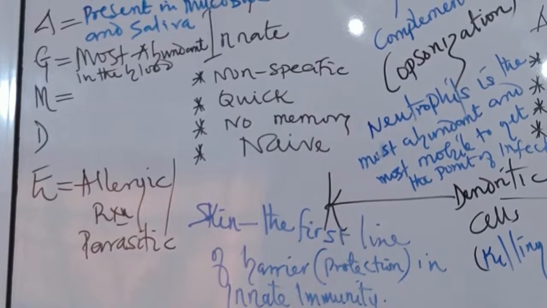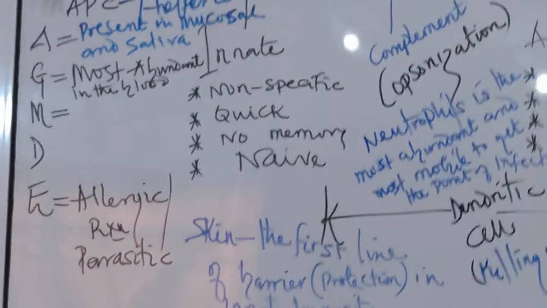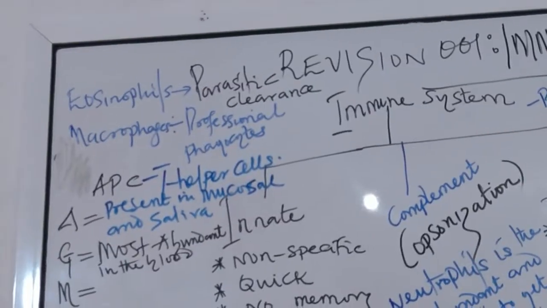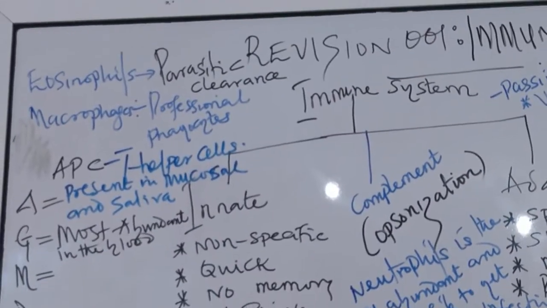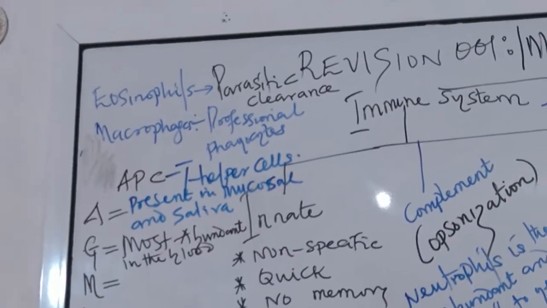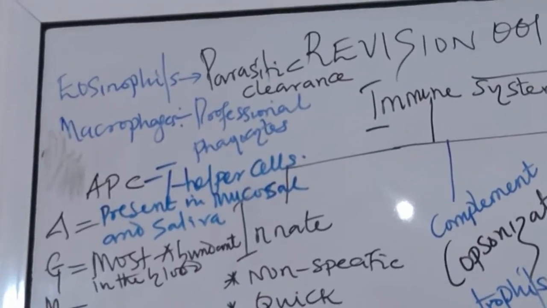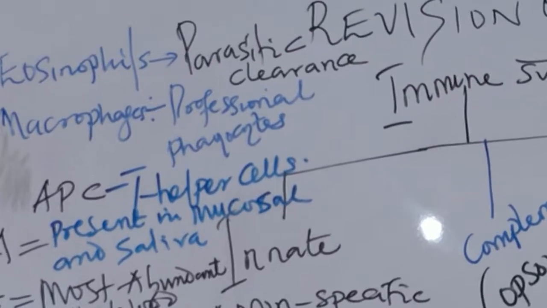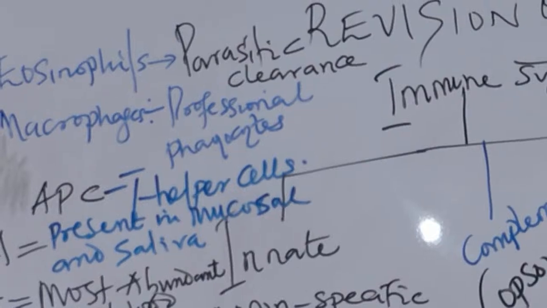Also, we mentioned in some of our earlier videos, under innate immune system, something about eosinophils. This is the one that is responsible for clearance of parasites. And you should also know macrophage.